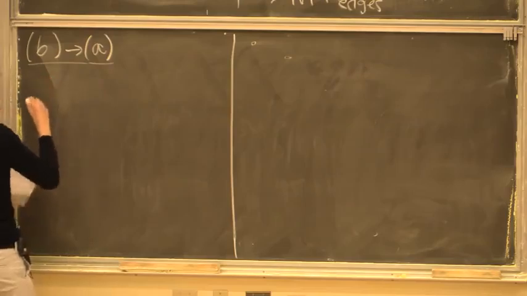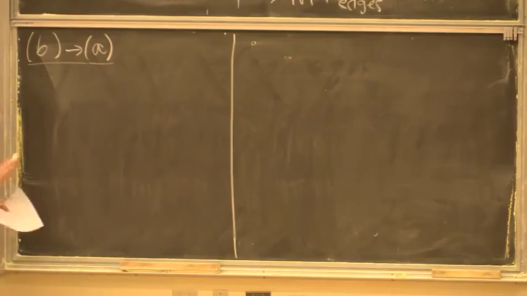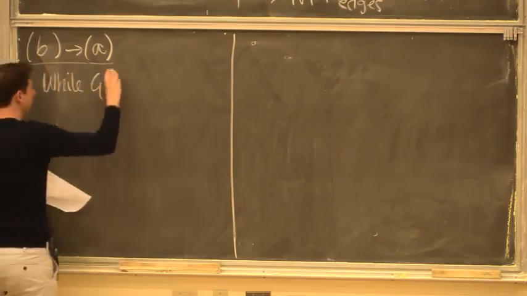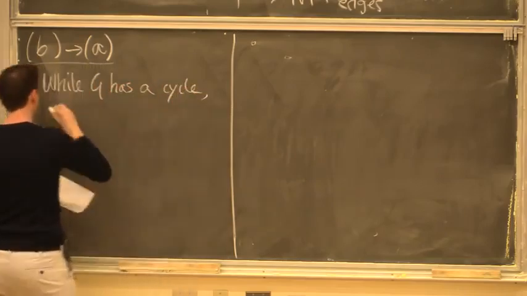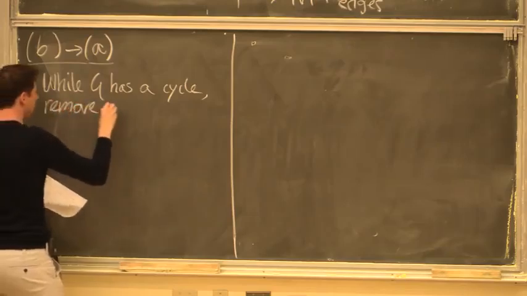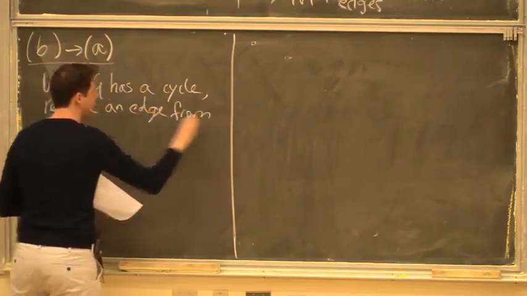Let's think about it like this. Suppose G did have a cycle. So while G has a cycle, remove an edge from that cycle.